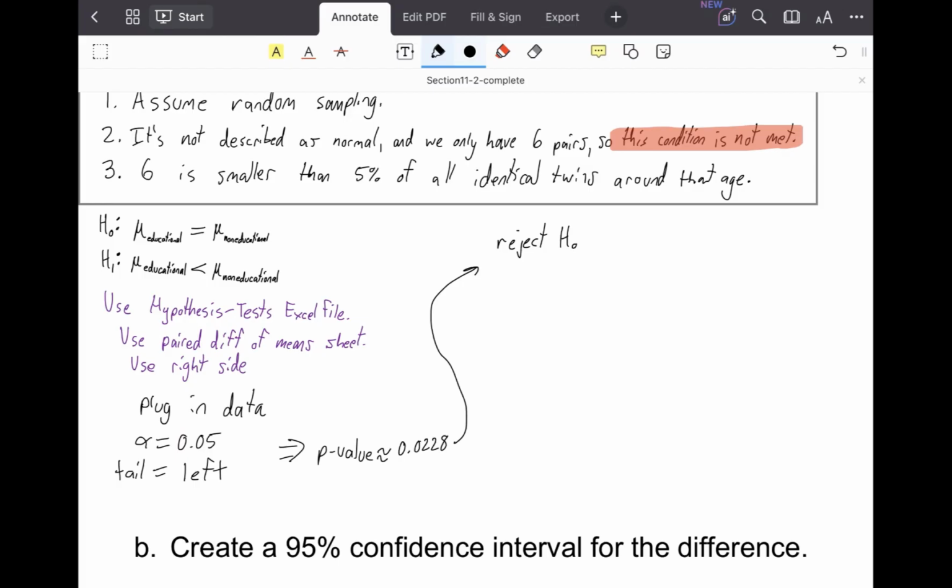And when we reject the null hypothesis, we can make a conclusion about this one.